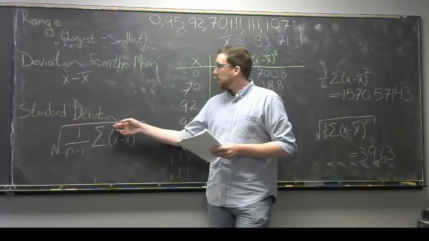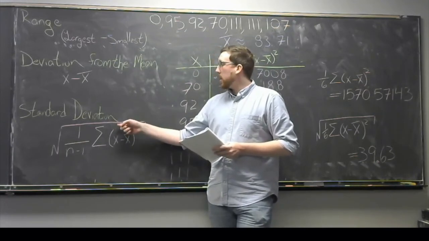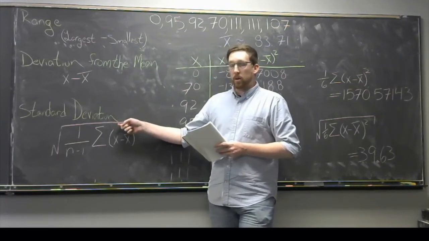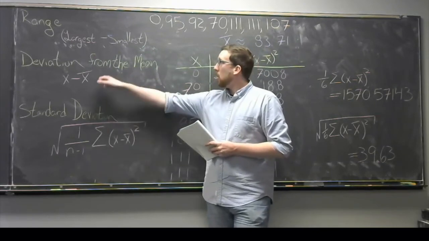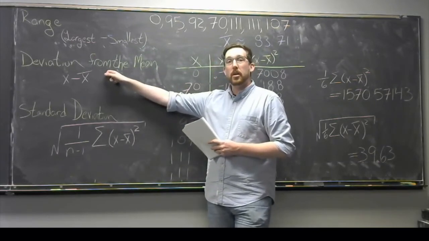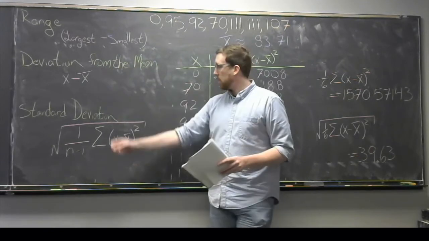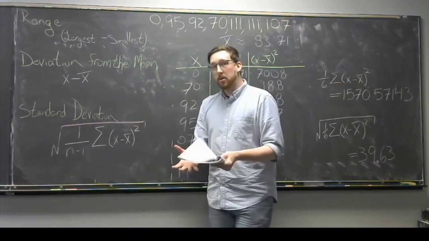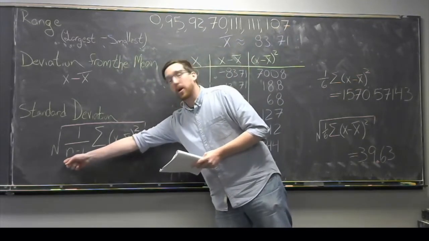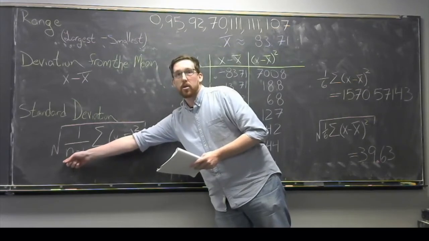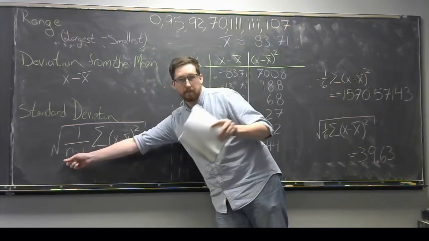To calculate standard deviation, we take the square root of the sum of all of our deviations from the mean squared and divide that sum by 1 less the number of values we have.